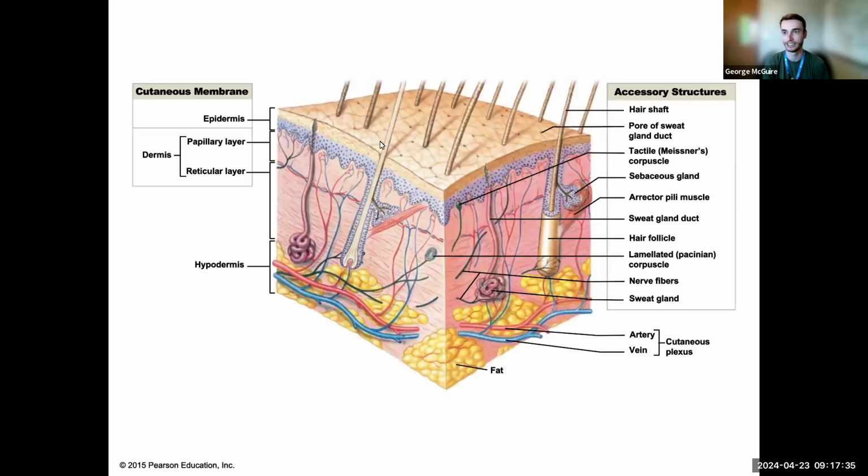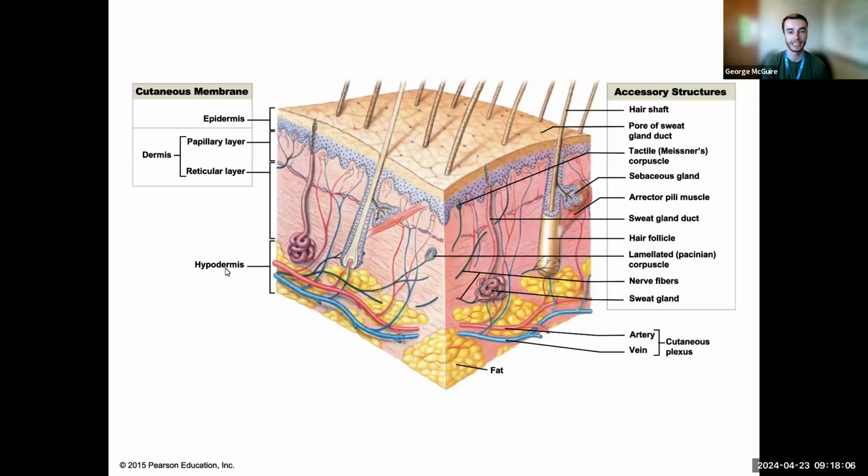And so what is our integumentary system composed of? We have what we call our skin, which is our cutaneous membrane. So we have these highly stratified, so many layers of epithelial tissue that make up our epidermis, the most superficial part of our skin. We then have 2 different types of connective tissue making up our dermis, the underlying layers beneath or deep to the epidermis itself.